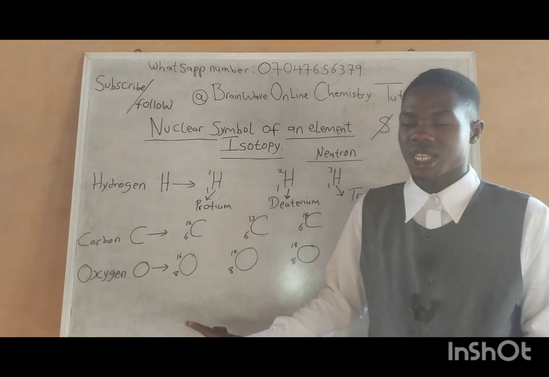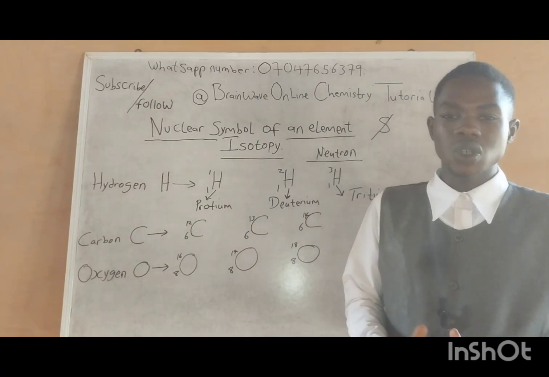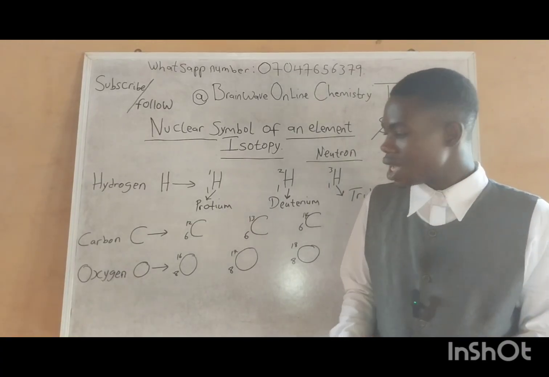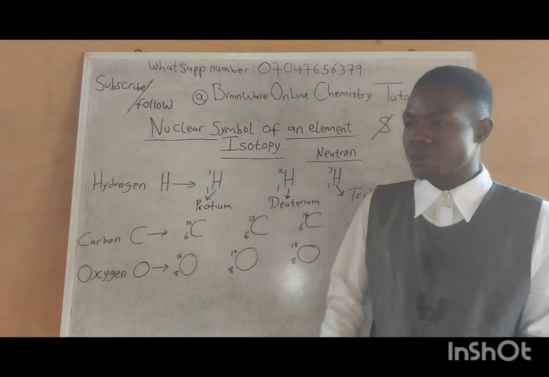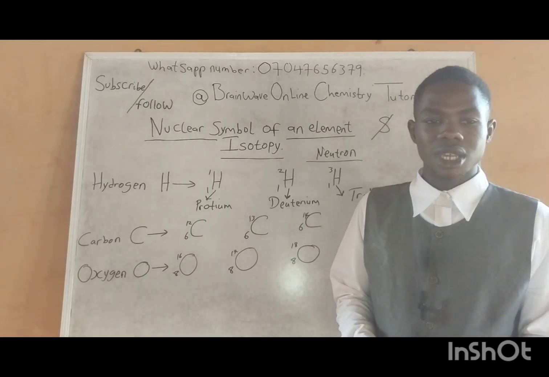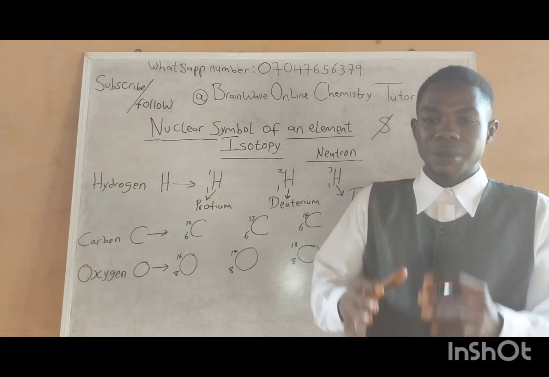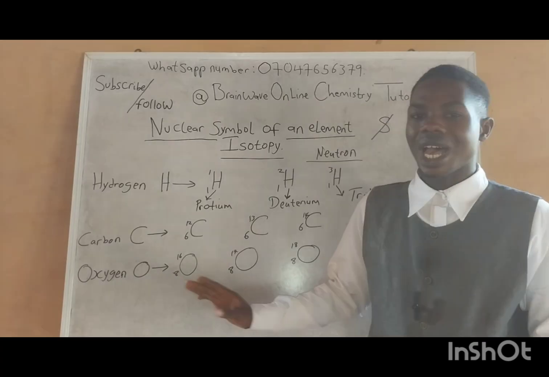Now let's talk about another element that also exhibits isotopy. Another element that exhibits isotopy is chlorine. In fact, chlorine is one of the major elements in the periodic table that exhibits isotopy.